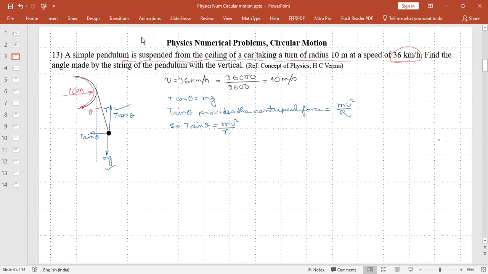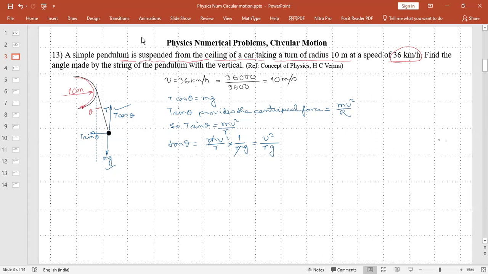From here we get tan theta is equal to mv square by r multiplied by 1 upon mg. m gets cancelled, so it is equal to v square by rg.